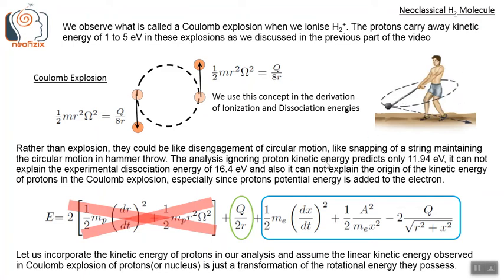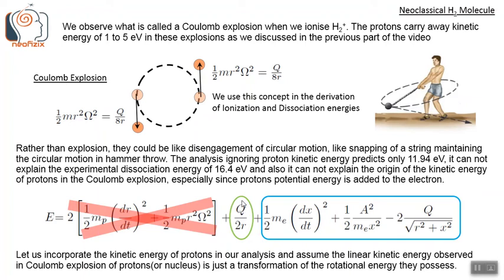The analysis, ignoring the proton kinetic energy, predicts only 11.94 electron volts. It cannot explain the experimental dissociation energy of 16.4 electron volts, and also it cannot explain the origin of the kinetic energy of protons in the Coulomb explosion, especially since the proton's potential energy is added to the electron's. So basically this q by 2R is the proton's potential energy, and the terms inside this blue square are the terms associated with the electron's energy.